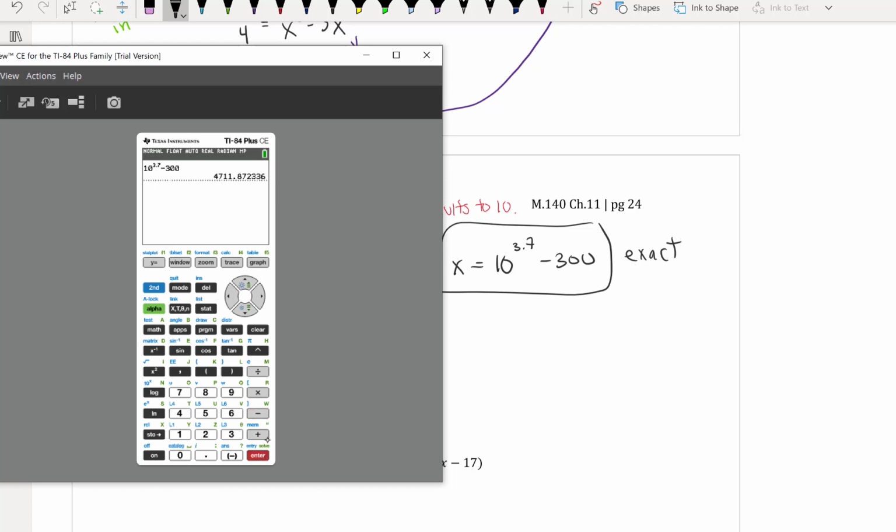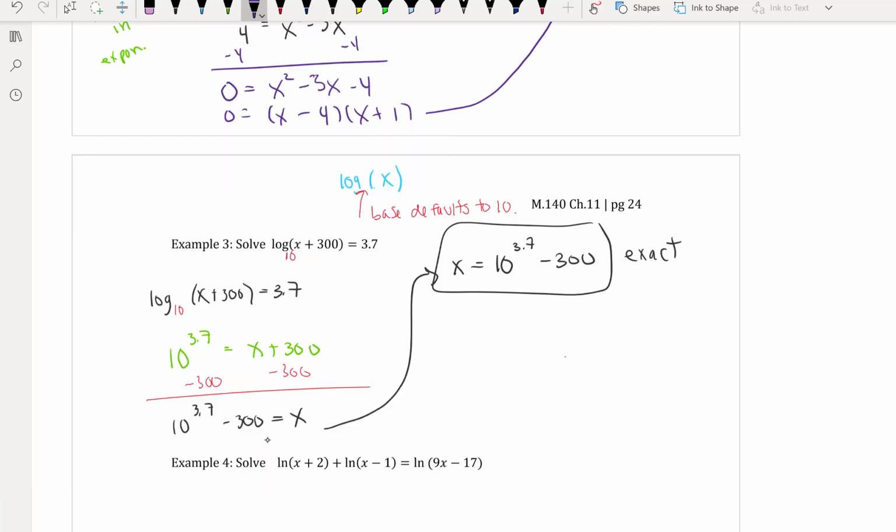And so I have this number, and usually, rule of thumb, go to the 4 decimal places. So the 4th digit here is 3, and the 5th digit is 3. So that tells me to round down, so to leave it alone. So my final answer, if I want the decimal approximation, x is equal to 4711.8723. Okay?